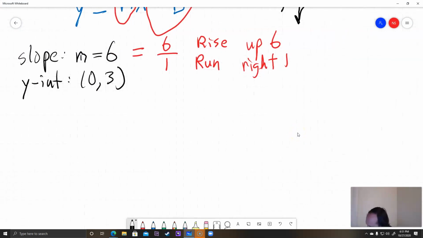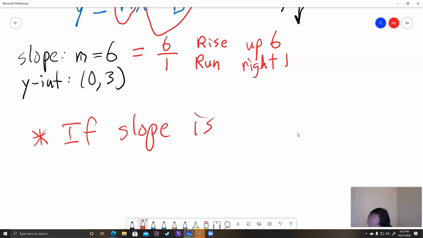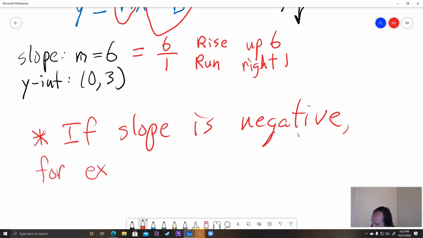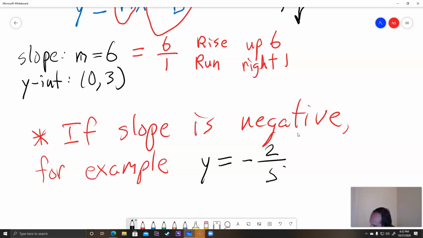So just know if the slope is negative, so let's say you're doing a problem, not in my homework, but maybe in another homework, and you get a negative slope. So for example, let's say you get y equals negative 2 over 5.